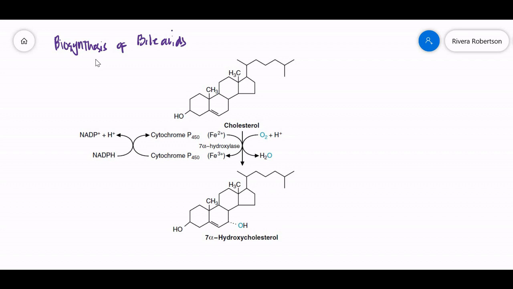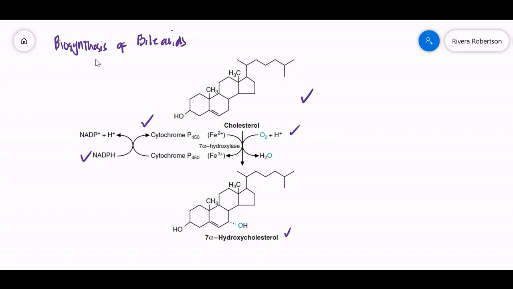The biosynthesis of bile acids needs cholesterol, cytochrome P450 enzyme, NADPH, and molecular oxygen. The conversion of cholesterol to 7-alpha hydroxycholesterol is the rate-limiting step in the biosynthesis of bile acids.